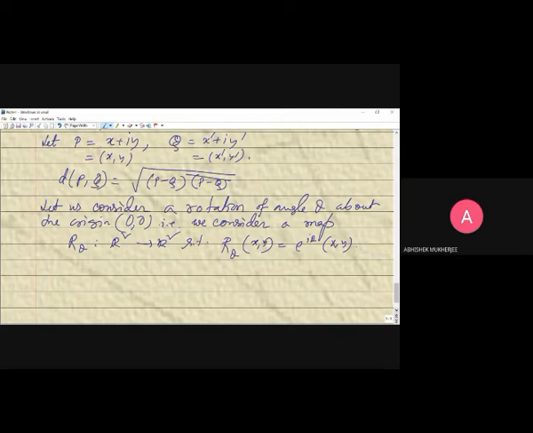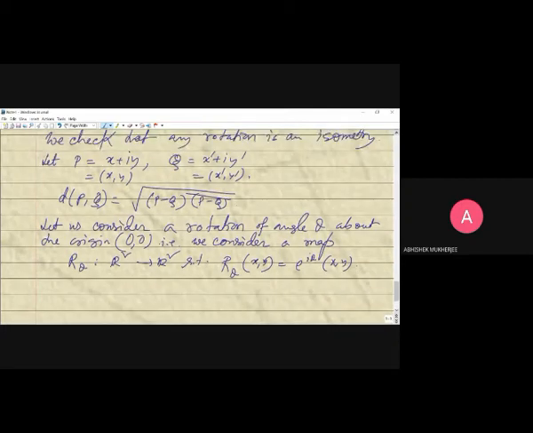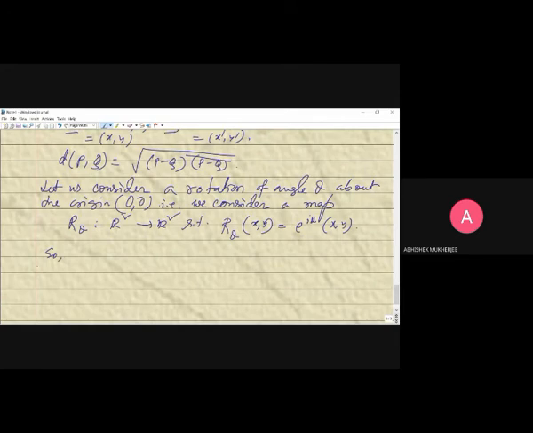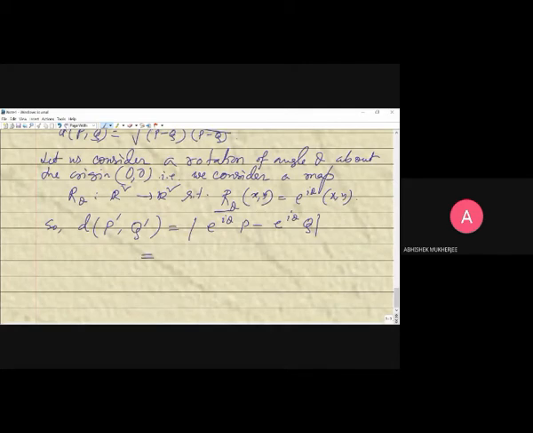Now we apply the rotation to both these points P and Q. Then we see that d of P dashed Q dashed, where P dashed is the image of P with respect to R theta and Q dashed is the image of Q with respect to R theta, means it is e to the power i theta P minus e to the power i theta Q, so it is e to the power i theta times (P minus Q).